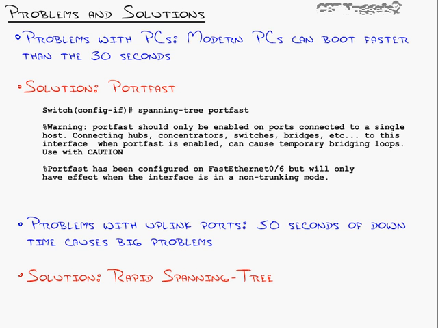Well, the problem is that when these PCs are booting up, they're sending out DHCP requests to get an IP address most of the time. So as they're sending out DHCP requests, they're not getting any reply. In a business network, most people are using Windows XP Professional or Windows Vista Business, and you get the little press Control Delete to log on. The user goes to log on to their PC, types in username, password, and hits enter.